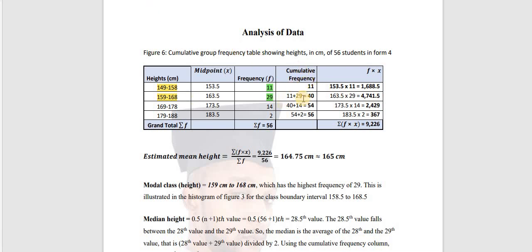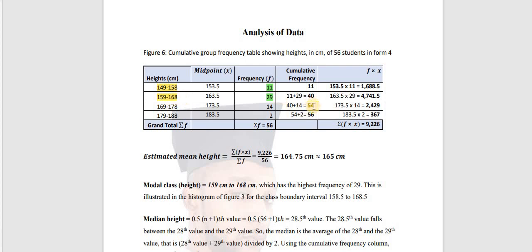Now we use a cumulative frequency. We have 56 students. The first 11 students occur in this category. The next 29 students, so from the 12th student right up to the 40th student, will be in this category.